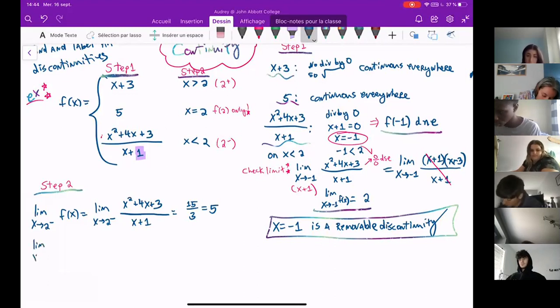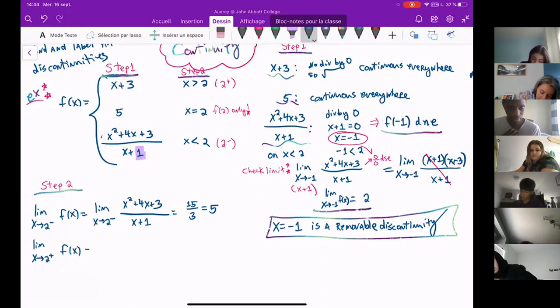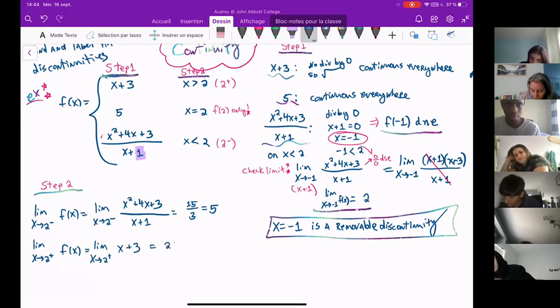Then I have the limit as x approaches 2 from the right of f of x. And 2 from the right, that's when we go to the top function, x plus 3. But notice I'm still just plugging in 2. And I get 5. So the left and right are equal.